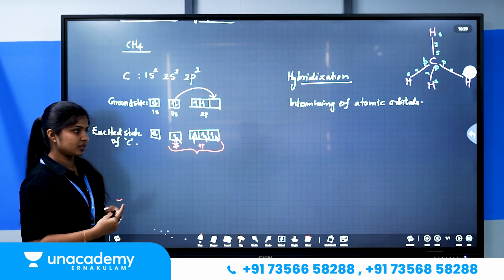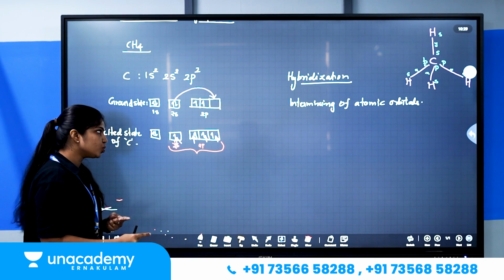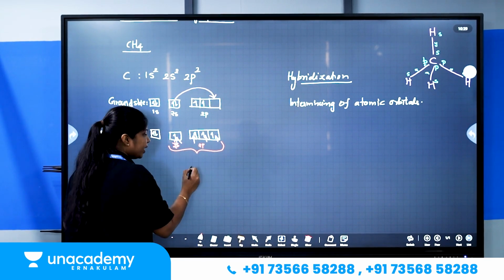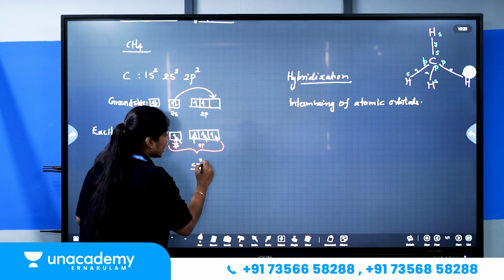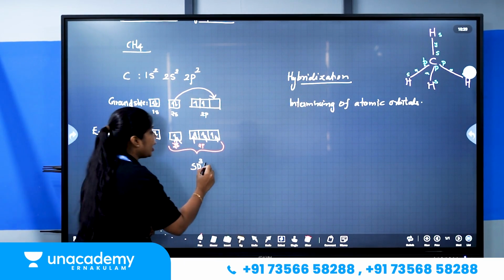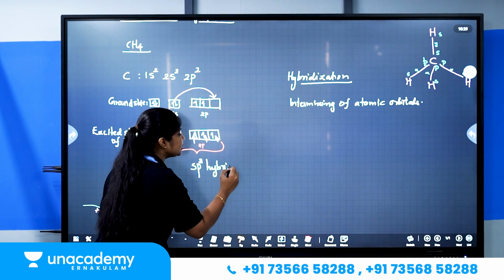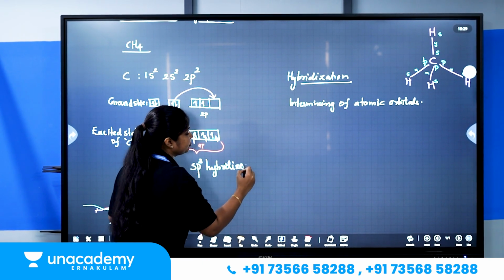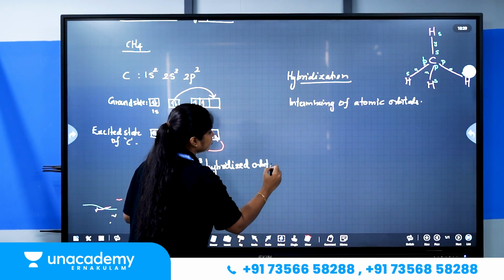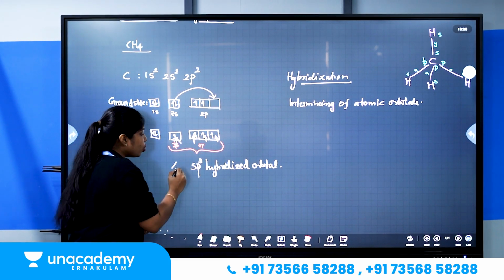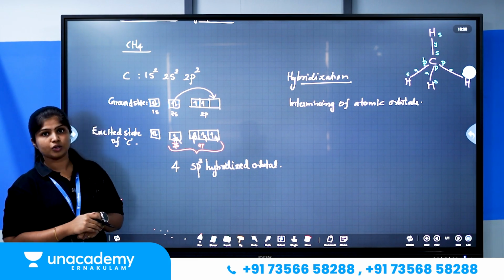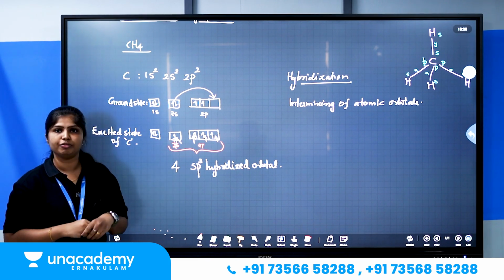They will intermix to form, see, one s and 3p, that is sp3 hybridized orbitals will be formed. So 1, 2, 3, 4. 4 sp3 hybridized orbitals will be formed.